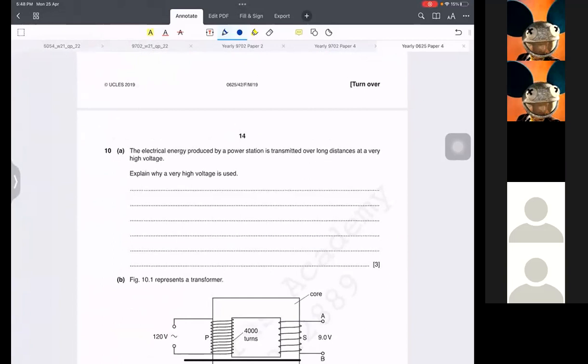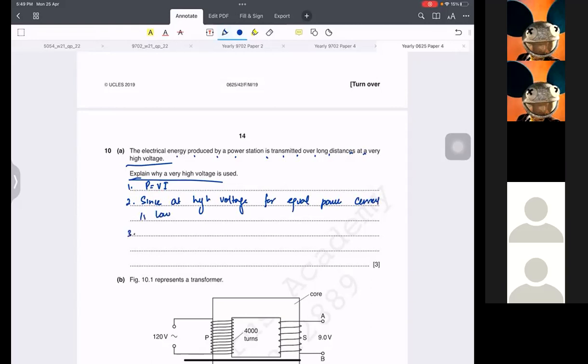Now, the electrical energy produced by power station is transmitted over long distance at high voltage. Explain why high voltage is used. Now, it has a very set answer. Let me tell you. First, you say power is equal to VI. Then you say, since at high voltage, for equal power, current is low. Okay, you write it.